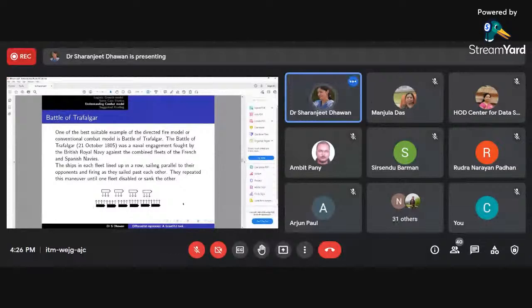They are sailing parallel to their opponents and firing as they sail past each other. These arrows represent their firings. This fleet is firing on the opponent, and this fleet is also firing on the opponent. These arrows represent the fires of each fleet on the opponent.